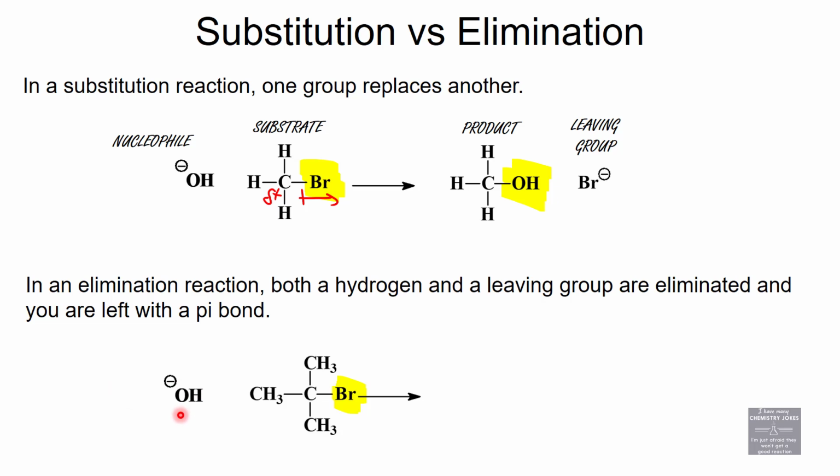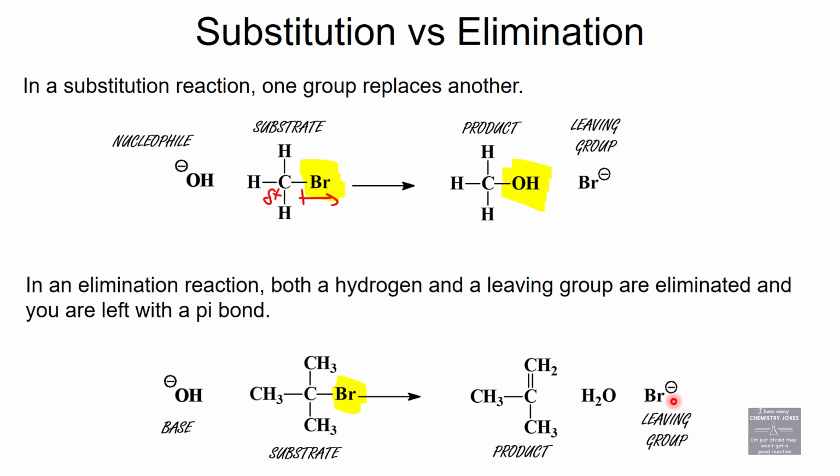Instead of calling him a nucleophile, we're going to call it a base. Give me 1 second to explain why. Hold on. But we're going to lose a hydrogen and a bromine and have a pi bond made. So we lost the hydrogen from this top carbon to make that CH2, a new pi bond. We lost water in the process and a Br minus. That was our leaving group.